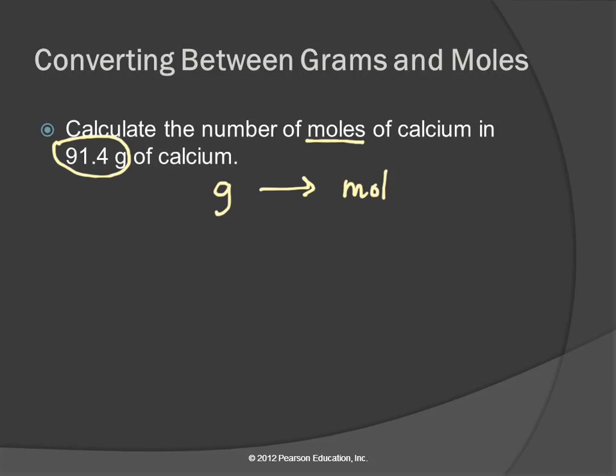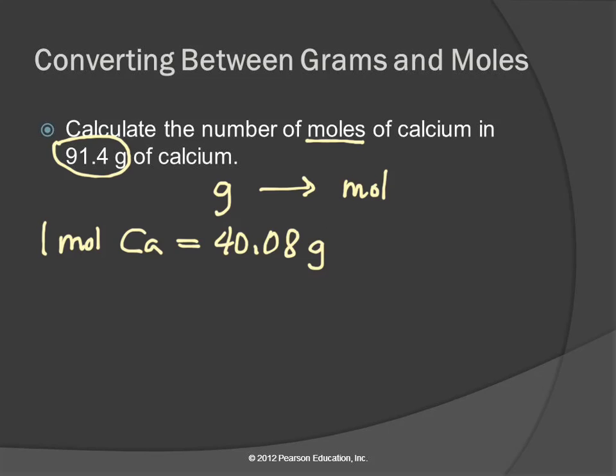That's the molar mass. That's on the periodic table. So we go to the periodic table and we find calcium, and under calcium, 40.08. So that means that one mole of calcium atoms weighs 40.08 grams. That is a conversion factor.